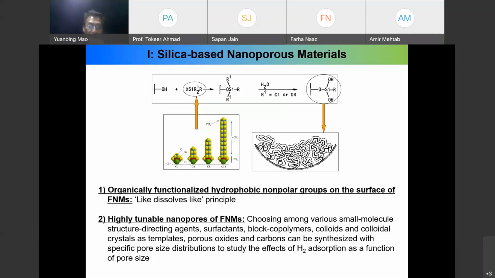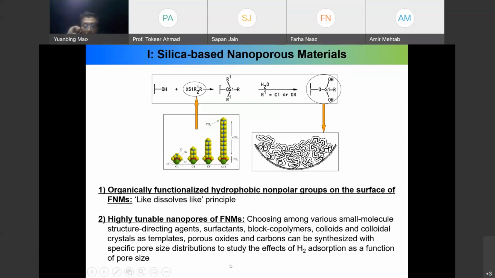So for porous silica, we know that they are highly tunable, with nanopores of different pore sizes, depending on the structure directing agent, for example surfactants, block copolymers, or colloidal crystals as templates. Then we can synthesize porous oxides or carbons with a specific pore size distribution, and study the effect of hydrogen adsorption as a function of pore size.